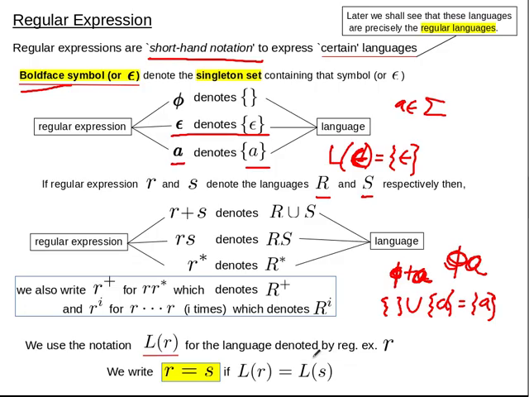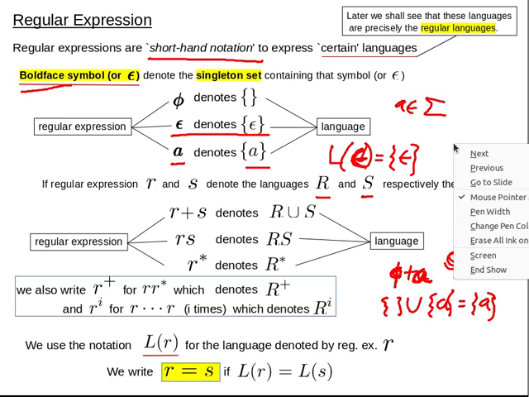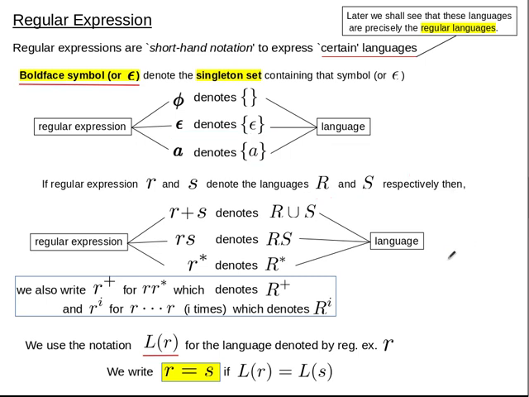One thing I should mention here is that, though strictly speaking R and L of R are not the same thing, R is just a notation and L of R is a language, and strictly speaking we cannot put an equals sign between them, but most of the time we do that.